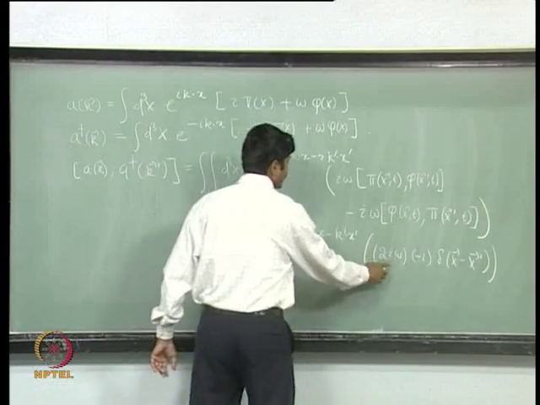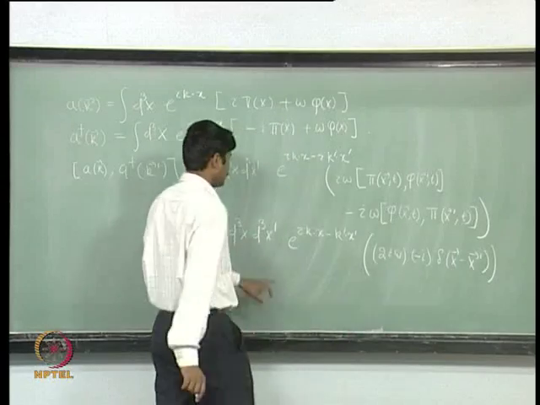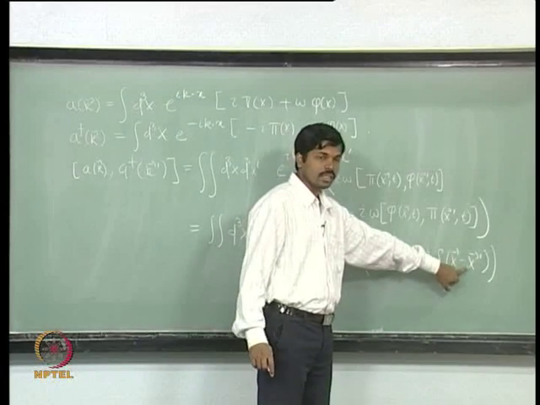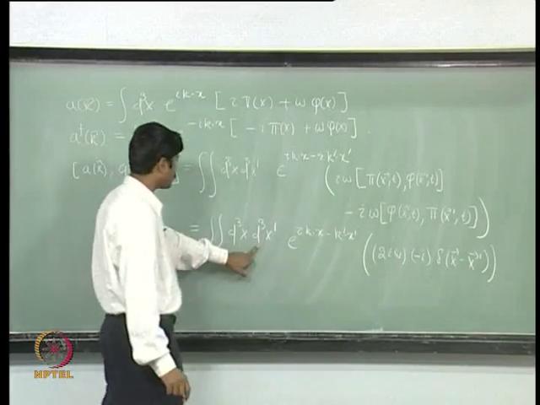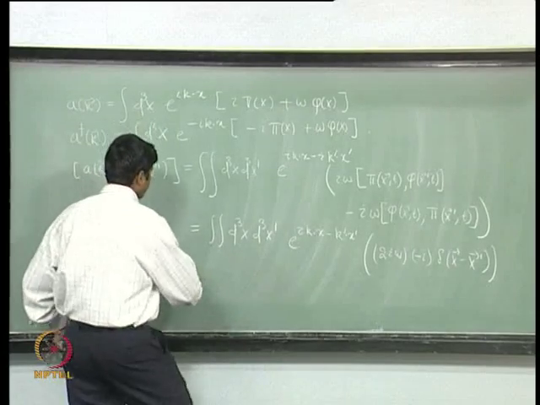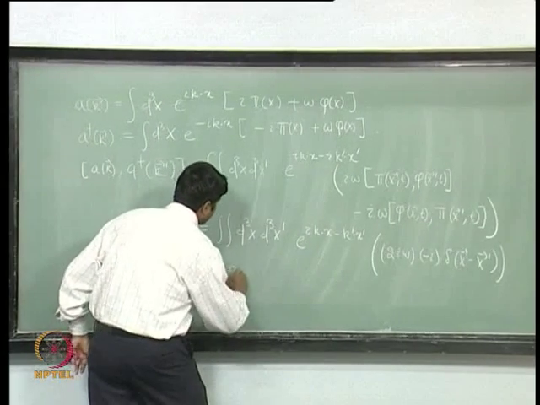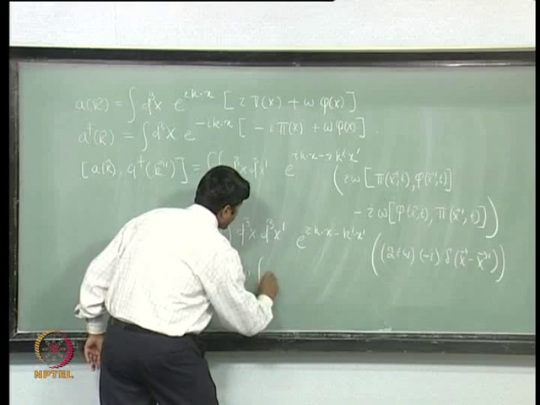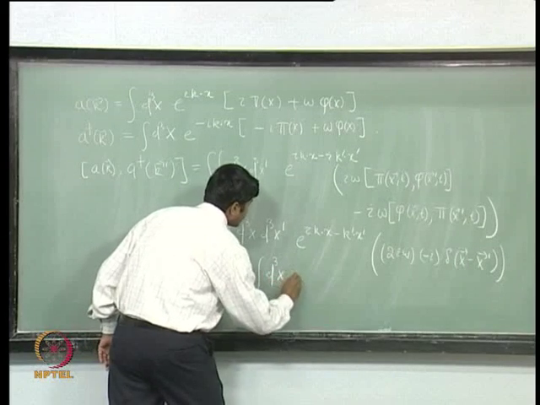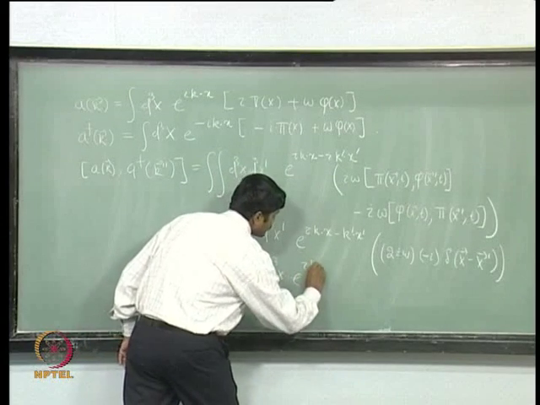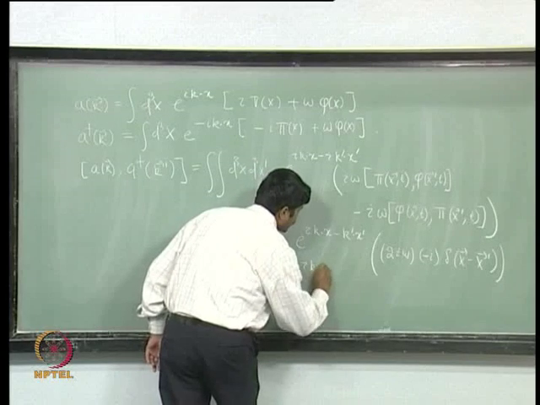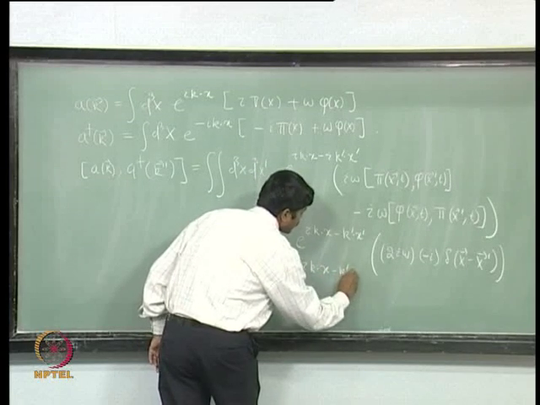So, here I will get a 2 omega, and using delta(x minus x prime) I can integrate out one of these variables. So, ultimately I get 2 omega integration d cube x e to the power i(k dot x minus k prime dot x).